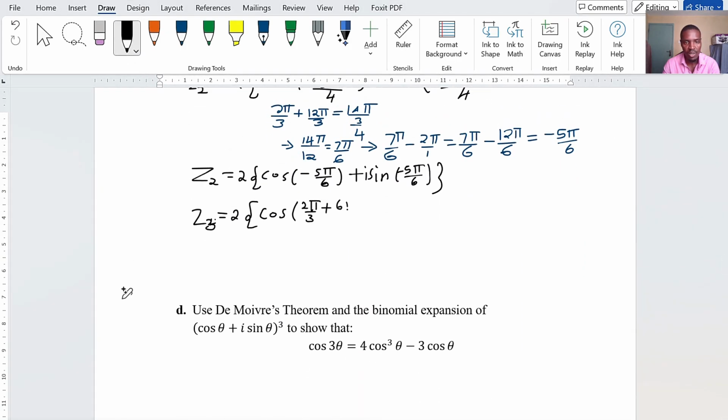So we have 6 pi, and the whole thing over 4, remember n is 4. Then plus i sine into bracket the same thing, 2 pi over 3 plus 6 pi, all over 4. Close, and then the big bracket.